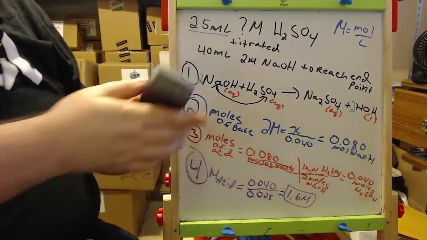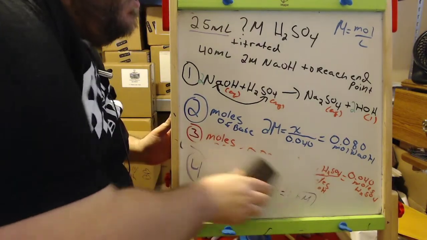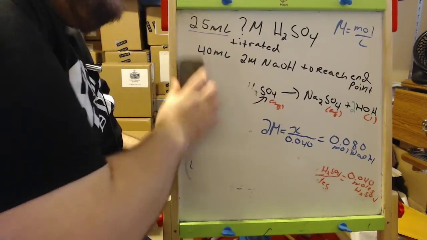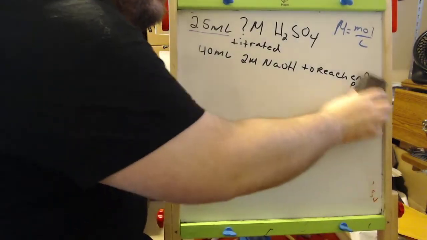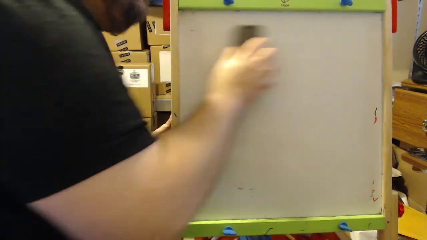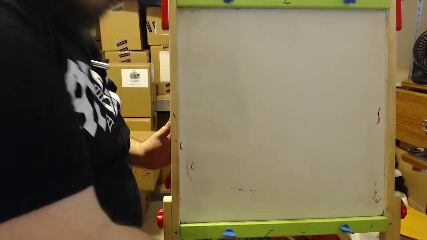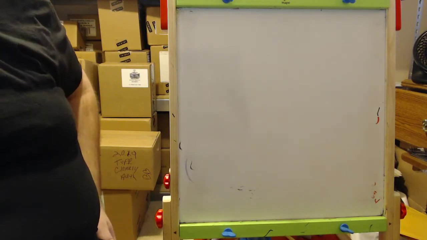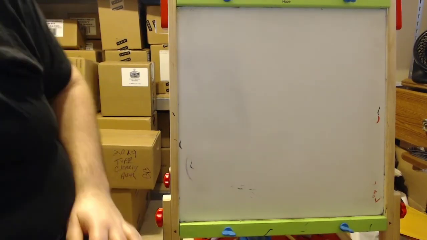So, I'm actually going to make two separate videos, one on the titration stuff and one on redox, so that they're two different topics. So that's why I'm going to give you the homework on this right now.